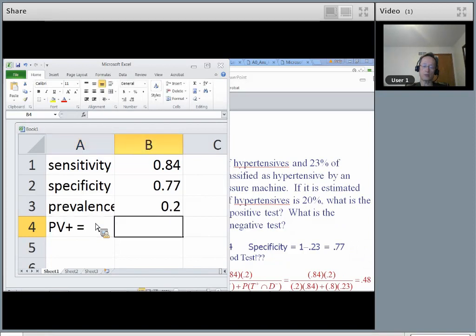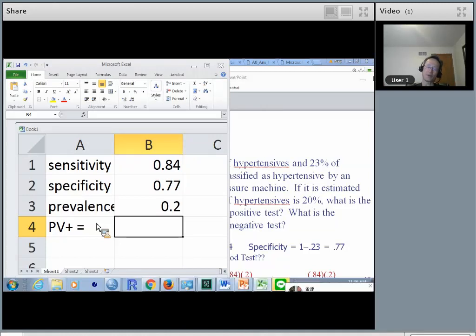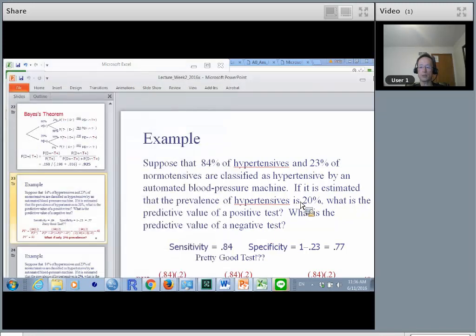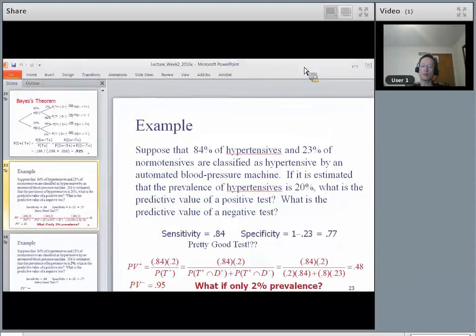To calculate this, how do I do this? I guess most of you probably know Excel, right? I hope you do. When you want to calculate something in Excel, you start with the equal sign.